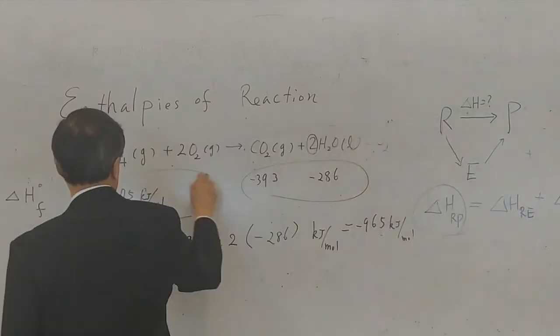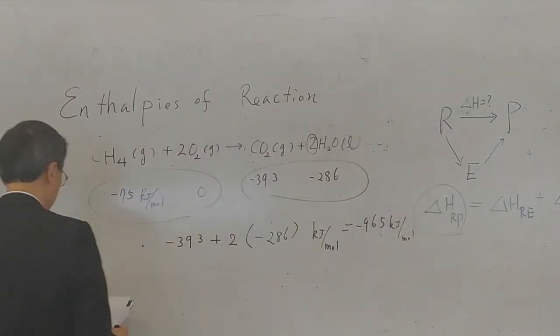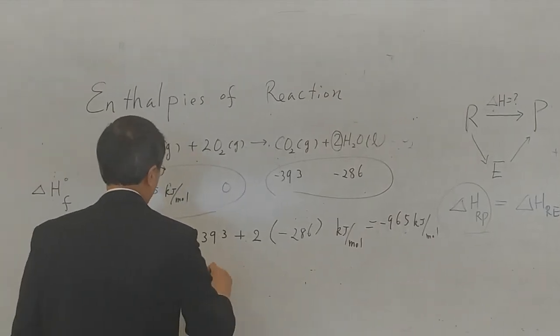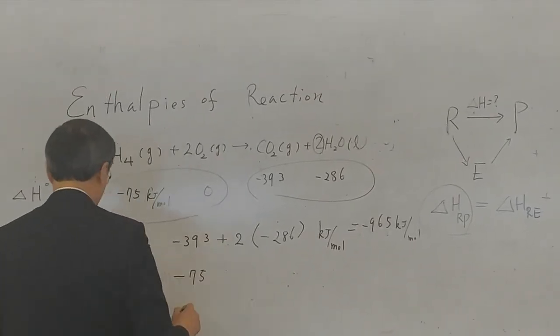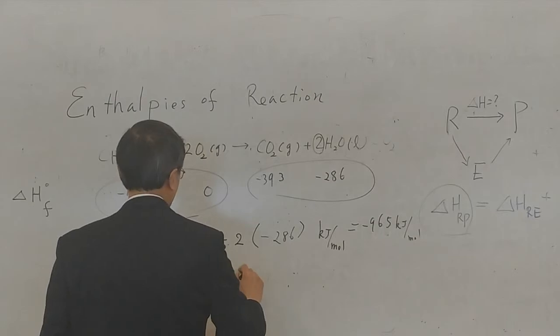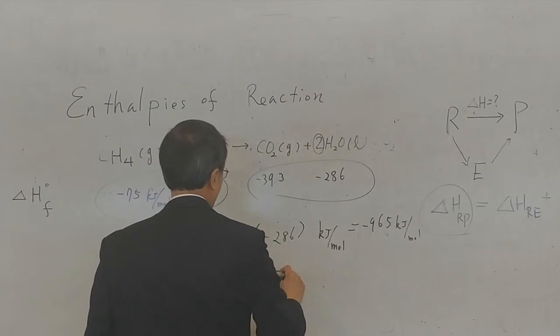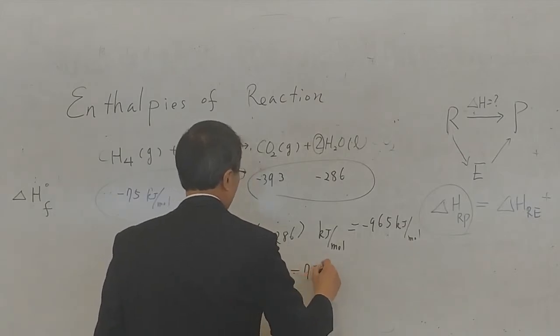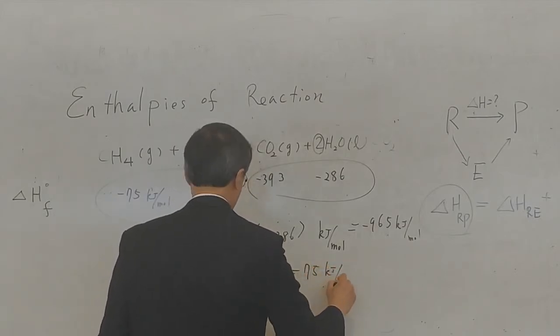And for the reactants, minus 75 plus 2 times 0 equals minus 75 kilojoule per mole.